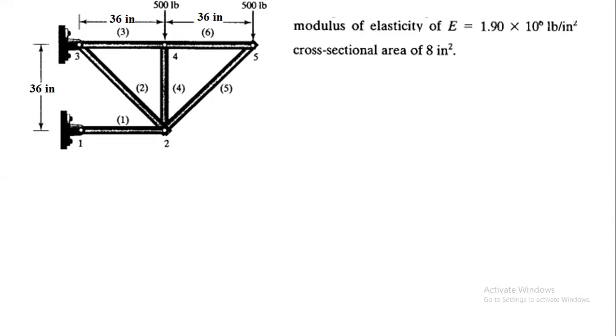Now first I will calculate the lengths and angles. Also we need the transformation matrix, that is the direction cosine matrix. For that purpose we have to calculate the cos theta, where theta is the angle made by the member with the horizontal.